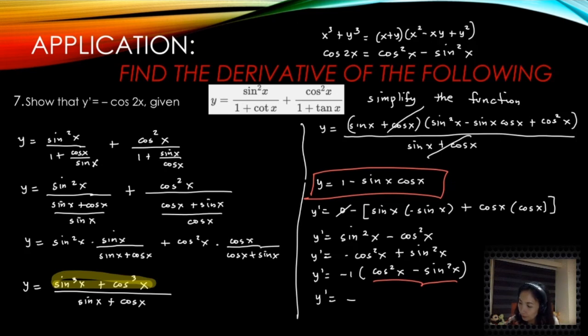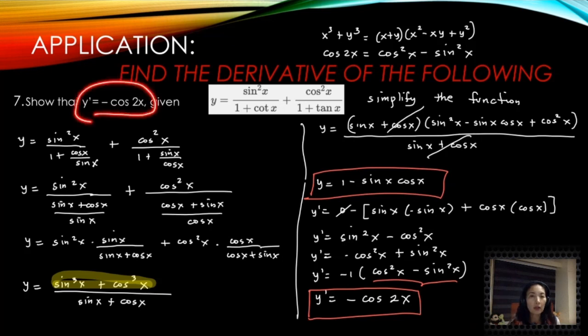Were we able to show that the derivative of the given is in fact negative cosine 2x? Yes.